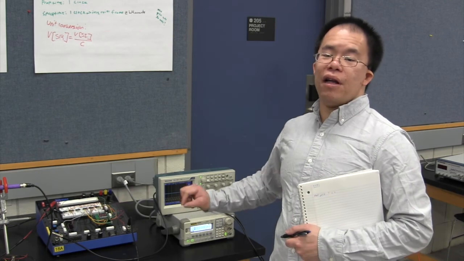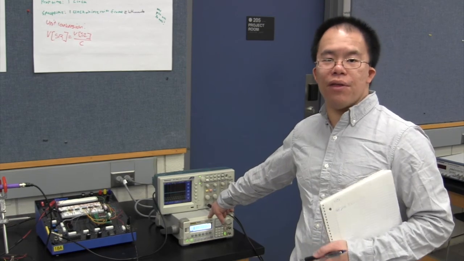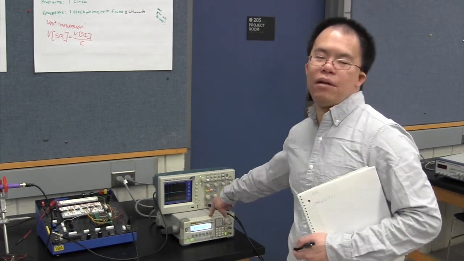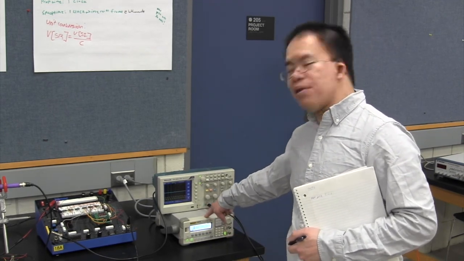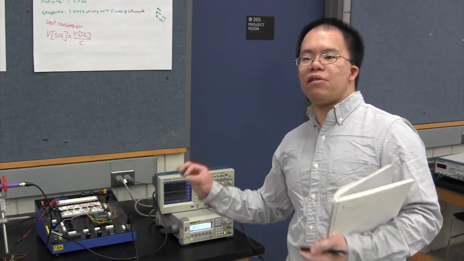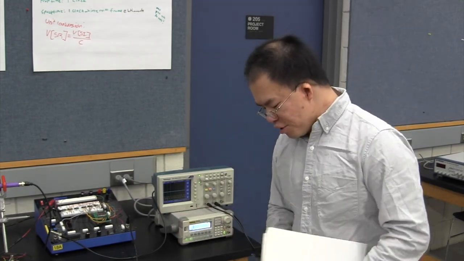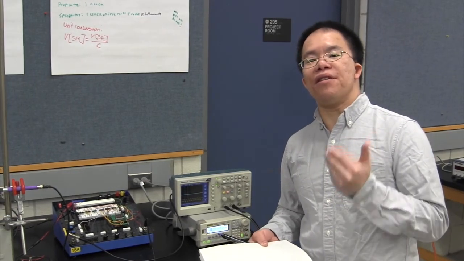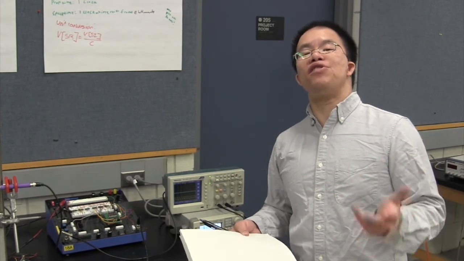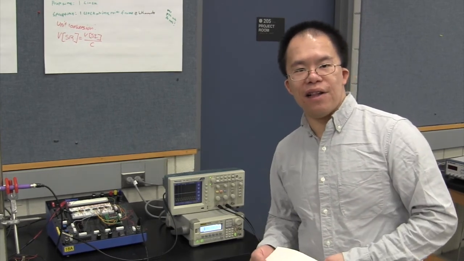Using this function generator, the frequency is so much more stable that, yes, I could go and look up the manual on this and figure out exactly what the manufacturer rates the accuracy and stability of the frequency is, but it's going to be such a small effect relative to all the other measurement uncertainties that even though the manual asks you to record an uncertainty in the clock frequency, we're just going to assume that the clock frequency has zero uncertainty, which nicely enough makes your uncertainty analysis math a little bit simpler.